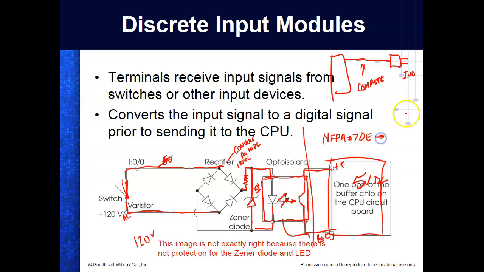They've said that a lethal voltage is anything above 50 volts. So this has changed things. This has changed PLCs. This has changed controls.